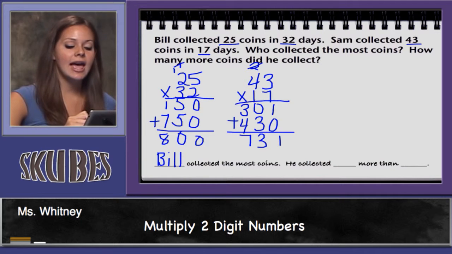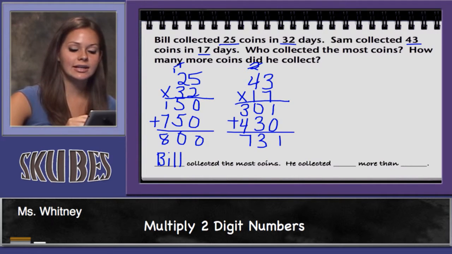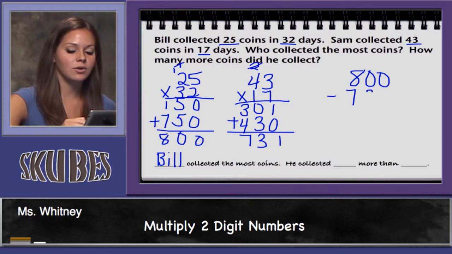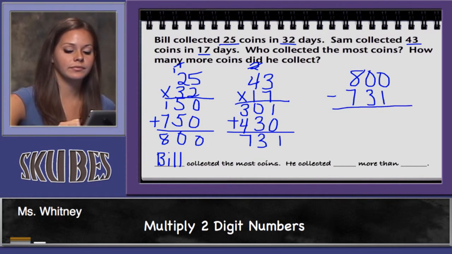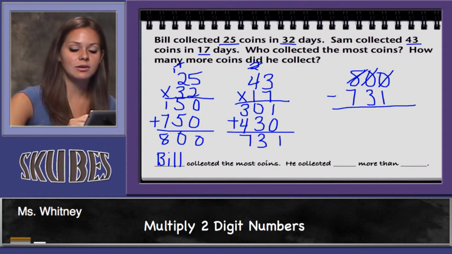The next question says, how many more coins did he collect? We'll need to subtract and find the difference. 800 take away 731. Have to regroup, go all the way to the hundreds place. I'll make the 8 a 7.